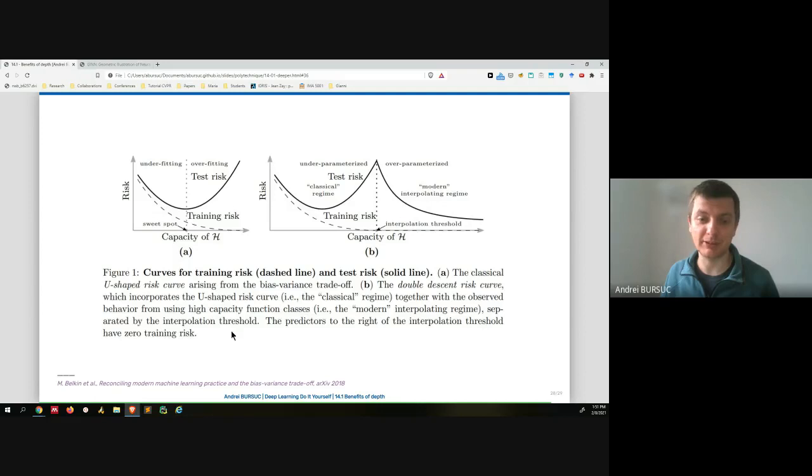But thanks to the study by Belkin et al., we actually know of it, and this doesn't apply just to neural networks and deep neural networks. They show it on other algorithms like decision trees and boosting trees, where we have the same behavior. I mean, the bigger you make the trees and the more you increase the capacity, you get practically the same behavior of this double descent curve.